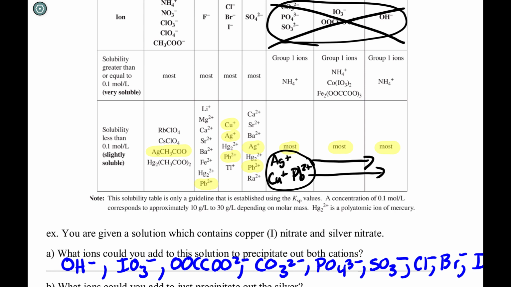Or I could add a solution of sodium acetate, and it would selectively precipitate out only the silver. So I actually have two starting points. I'm going to start by removing the silver by adding acetate, and when we do it a second time, I'll start by adding a fluoride ion to remove the lead, in a second way of doing it.